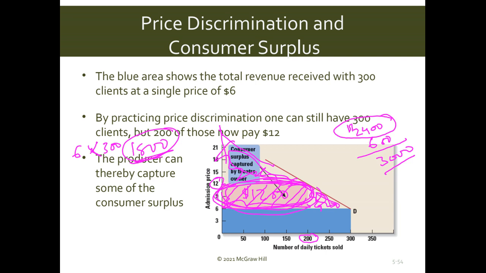There is one type of price discrimination that we call perfect price discrimination. In that case, the monopolist captures the whole consumer surplus, 100% of the consumer surplus from consumers, by discriminating prices. That is possible. We'll discuss it in chapter number 10.